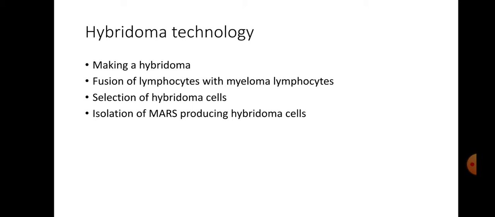A mouse is first immunized with the appropriate antigen. Generally, the antigen is injected subcutaneously or into the peritoneal cavity of the animal along with an adjuvant to stimulate the immune system. The animal is injected on several occasions.